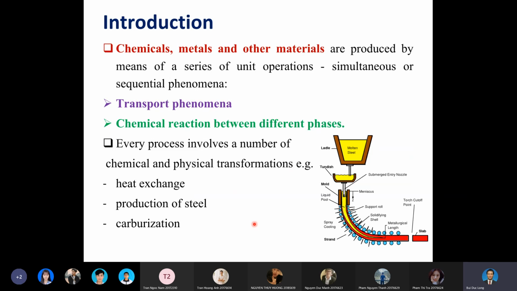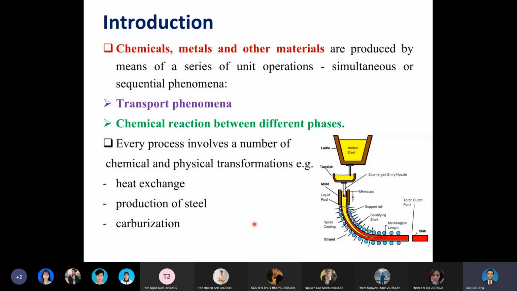For this project design, you will learn all the fundamentals for designing a process.